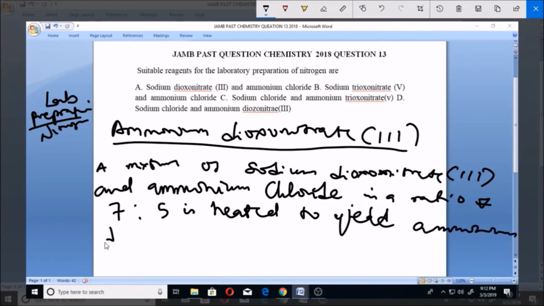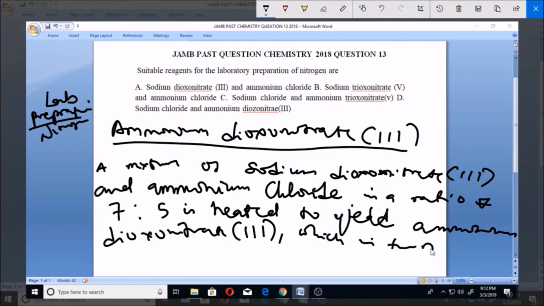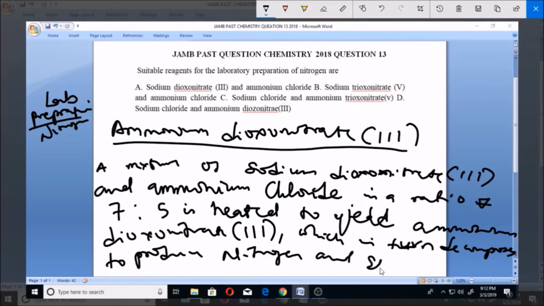This ammonium dioxonitrate 3 in turn decomposes to produce nitrogen and steam.